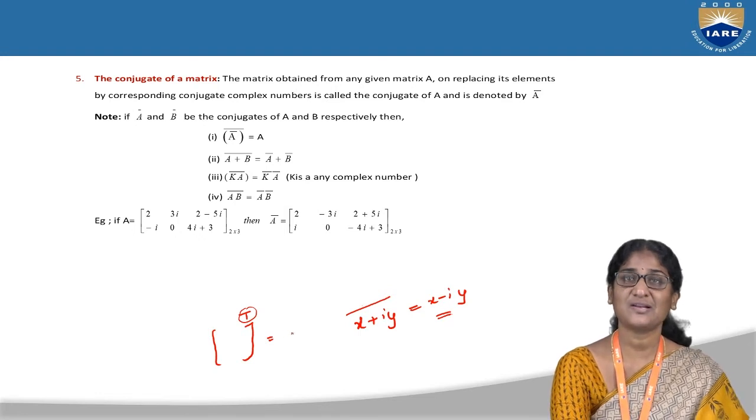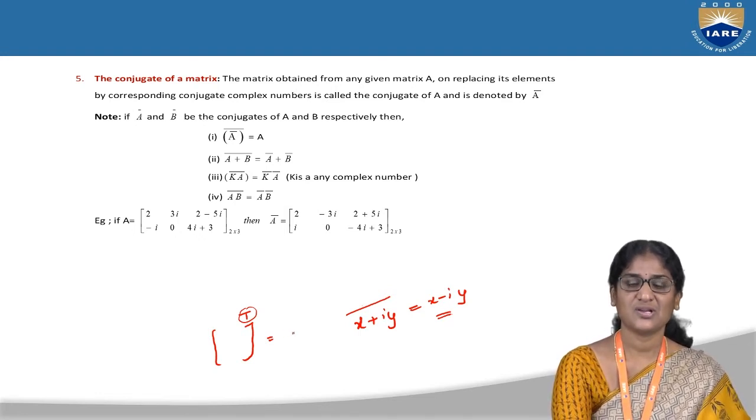Before that, let us understand the conjugate of a matrix. The matrix obtained from a given matrix A by replacing its elements by their conjugate complex numbers is called the conjugate of A, and it is denoted by A bar.